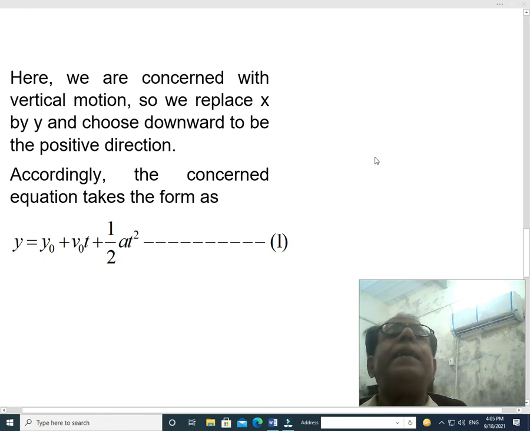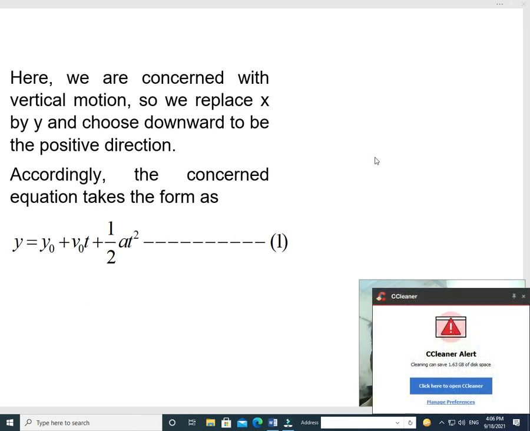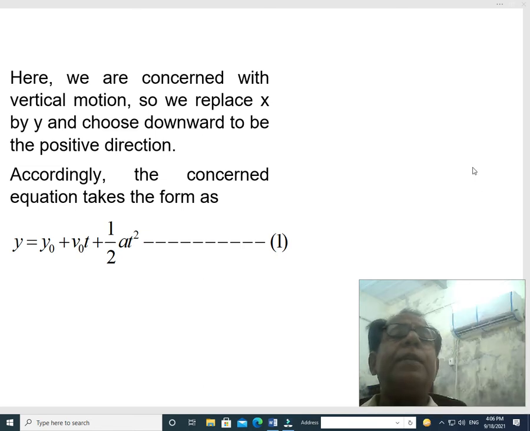Here we are concerned with vertical motion, so we replace x by y, and choose downward to be the positive direction. So dear students, when we replace x by y, it is understood that we will replace x naught with y naught.